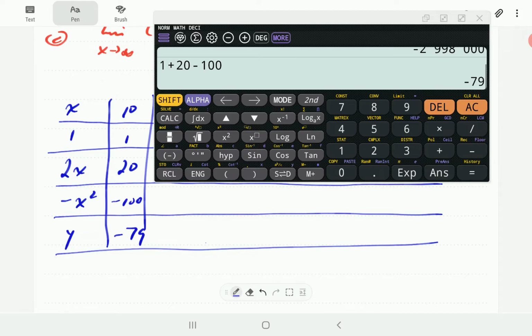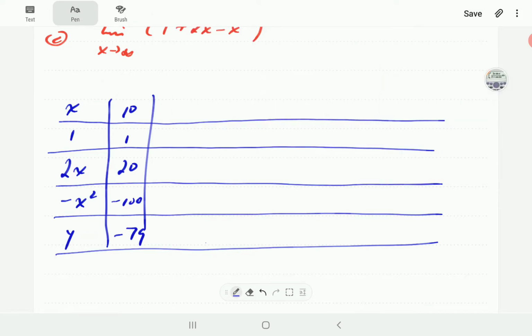Then let's suppose that x is 100 now. The first one remains 1. This one is going to be 200. And the third row is going to be negative 10,000.